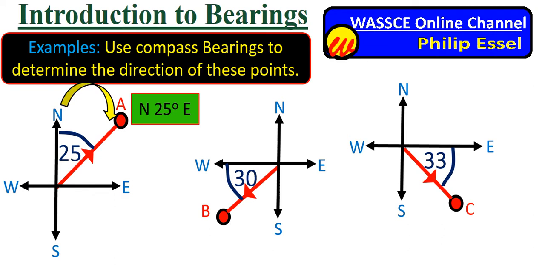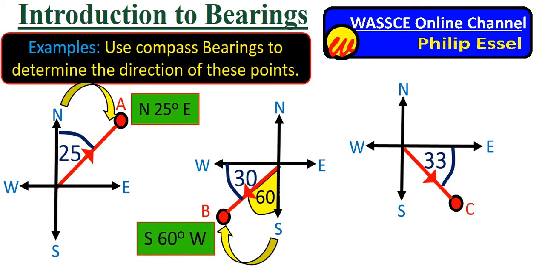This will give us 60 degrees. So now we can move from the south reference pole towards the point B at an angle of 60 degrees. So this means that the point B is located at the position south 60 degrees west, and that will be the compass bearing of the point B.